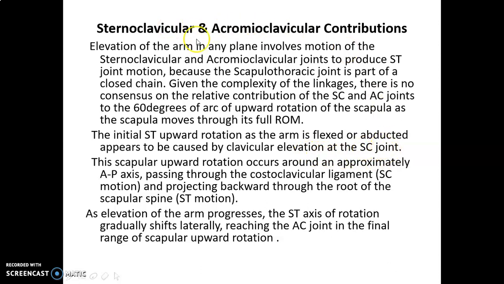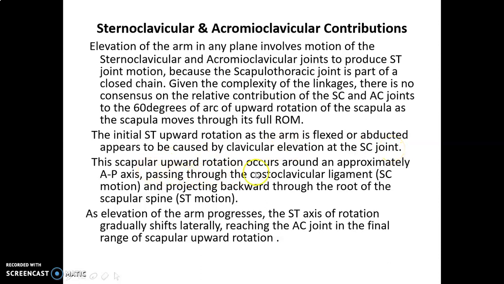The first movement in any plane, whether flexion or abduction of the humerus, the initial upward rotation, is caused by the clavicular elevation at the sternoclavicular joint. Next there is a figure, we can see that again in the figure.